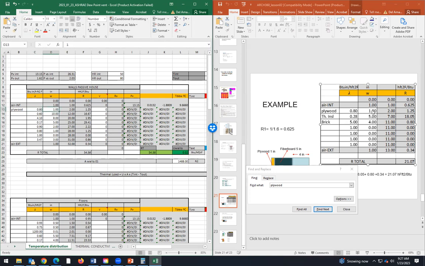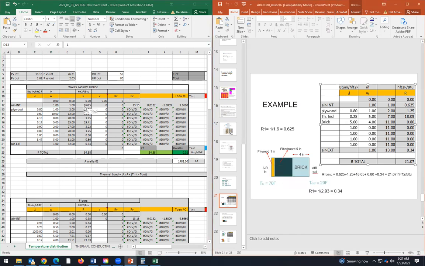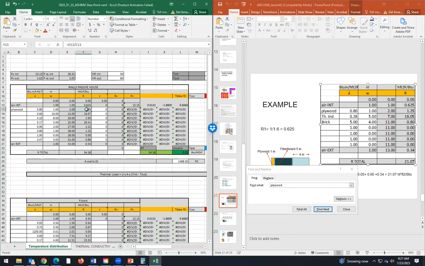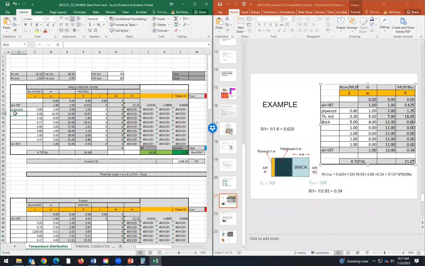Then what's the width? The width is 1. And then this thermal resistance, we know that it is width divided by the thermal conductivity. So you don't have to do anything here. The second material is, I think it was fiberboard. Thermal conductivity is 0.28.